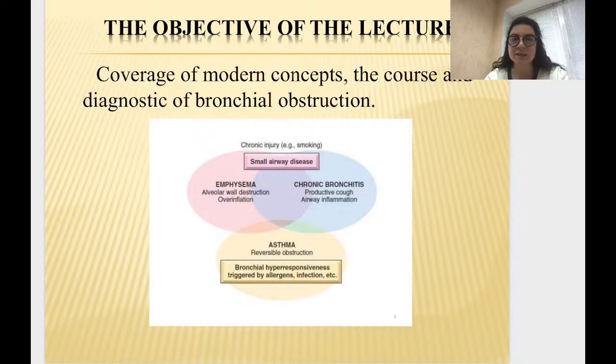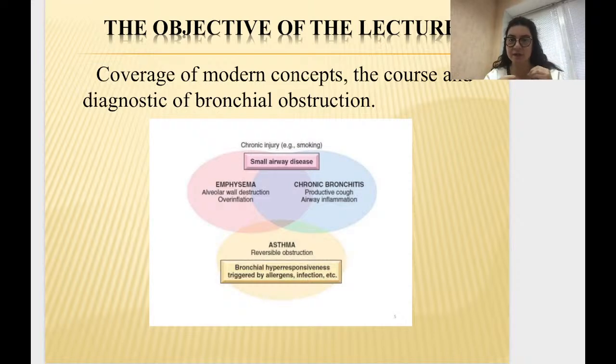Before we start, let's discuss the objective of our lecture. It is to cover modern concepts, the course and diagnostics of bronchial obstruction. And here you see a very interesting scheme. It shows three main mechanisms that lie at the basis of bronchoobstruction.